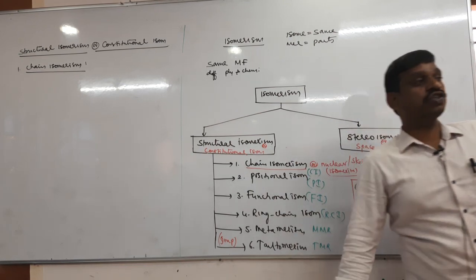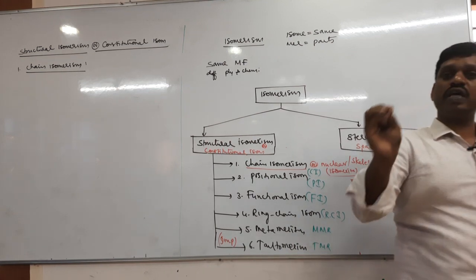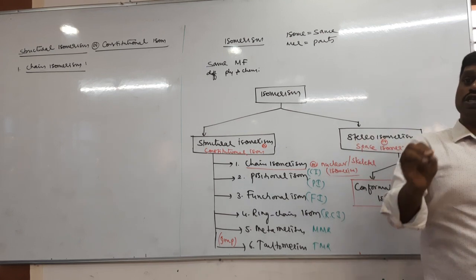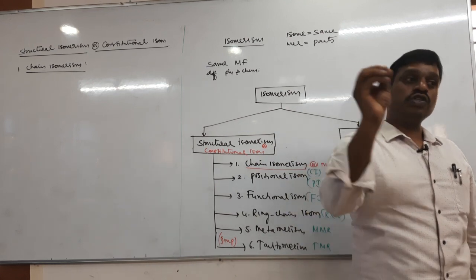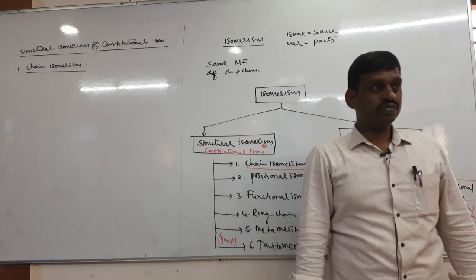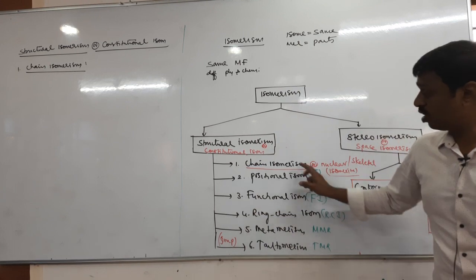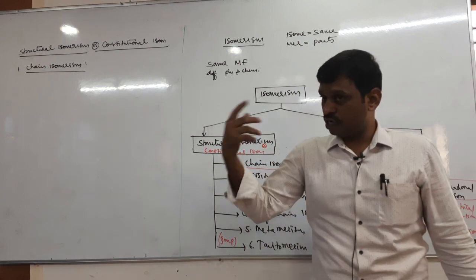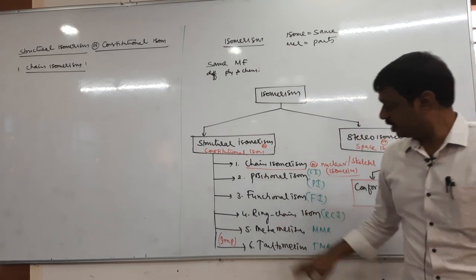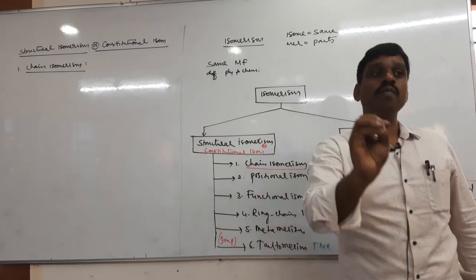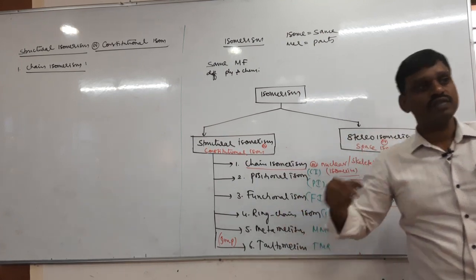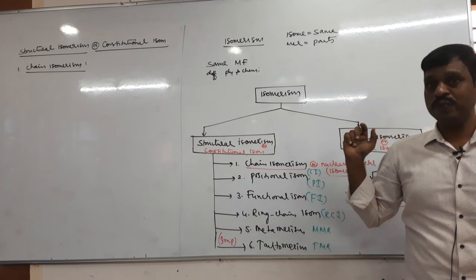Next, positional isomers: organic compounds which have the same molecular formula but differ in the position of either a substituent, multiple bonds, or functional groups. Next, functional isomerism: same molecular formula, but they differ in the presence of functional group.